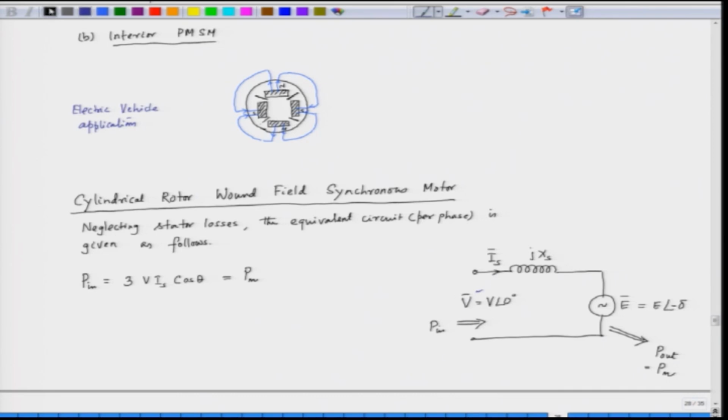So, by applying KVL, we can write that V is equal to j Is Xs plus E, or we can say that E is equal to V minus j Is Xs. So, we can find out the induced EMF by subtracting the drop from the applied voltage. Let us see how we can do that.